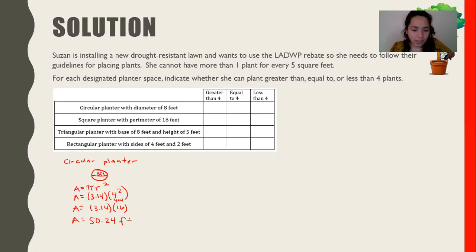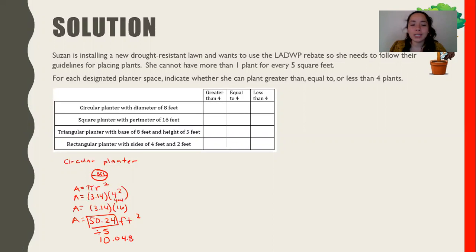Good, 16. So then we take 3.14 times 16, which is equal to 50.24 feet squared. Now, the thing is that it does say she cannot have more than one plant for every 5 square feet. So I'm going to take this and divide it by 5 because I'm trying to figure out how many plants can go into this planter. So I take 50.24 divided by 5, and that's going to give me 10.048.